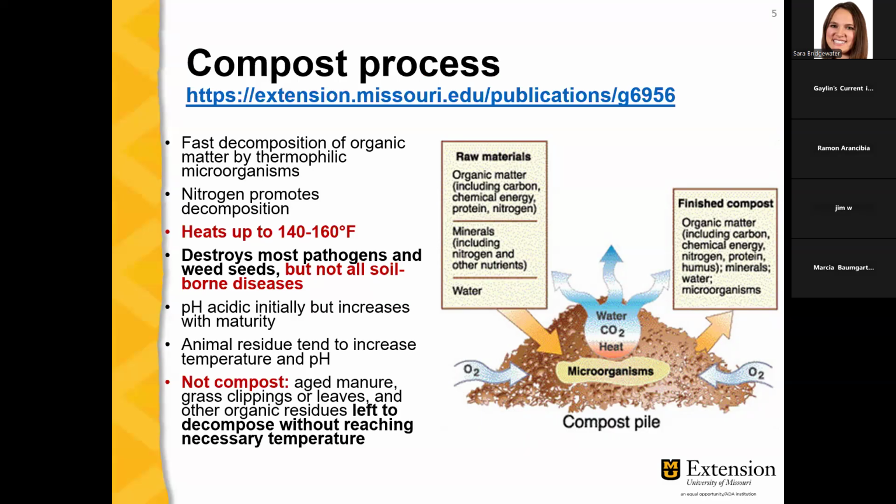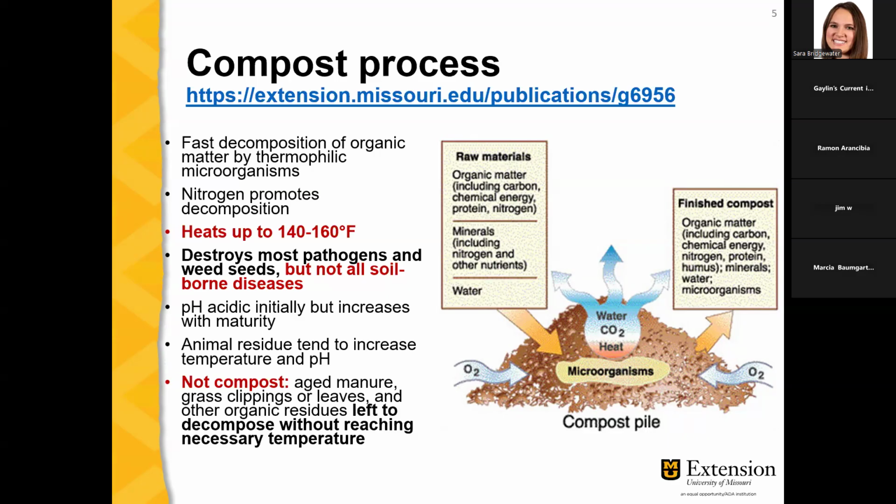If you add more nitrogen, it promotes faster decomposition and it may increase the temperature of the pile. So nitrogen, and we're going to talk about the relationship between nitrogen and carbon, or plant material, essentially plant material.